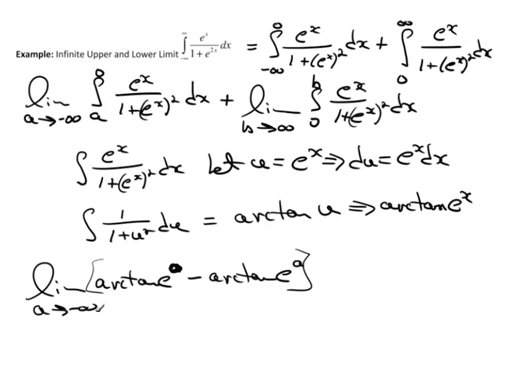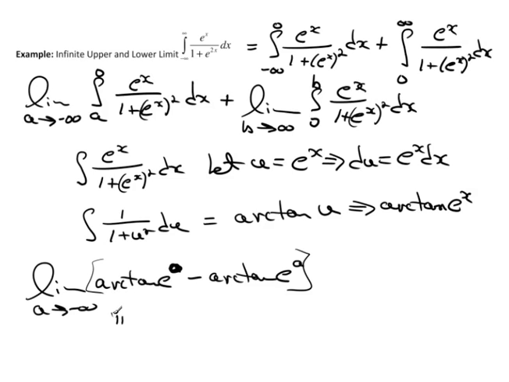Now this limit really wasn't needed in here because there's no a here. This is e to the 0. Well, e to the 0 is 1. Arctan of 1, that's saying when is tangent of theta equal to 1? That happens when theta is pi over 4.